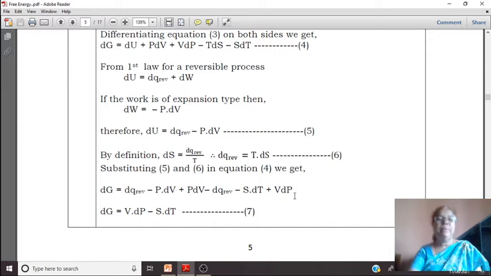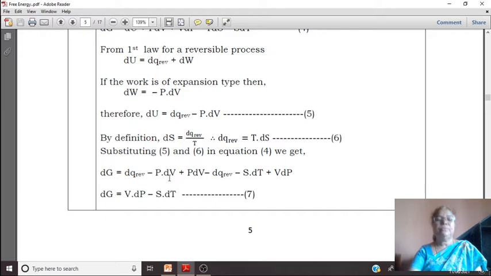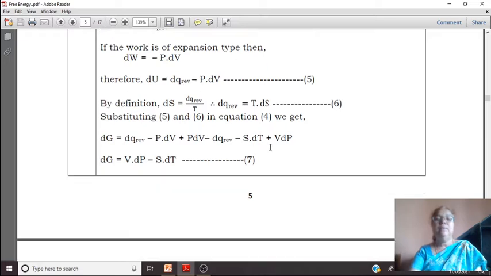Here the minus term and the plus term cancel each other, and here we have plus dqr and minus dqr, these two terms cancel one another, and we have the plus term VdP minus SdT. Therefore we get dG equal to VdP minus SdT.